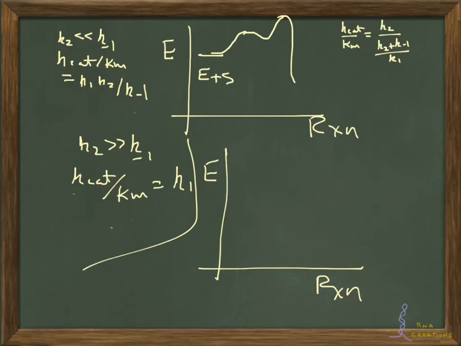And then it comes down like that. So this is ES, and this is E plus P. And here, also uphill, we get to the top, we come down, but now we do this, because k2 is faster than k minus 1.